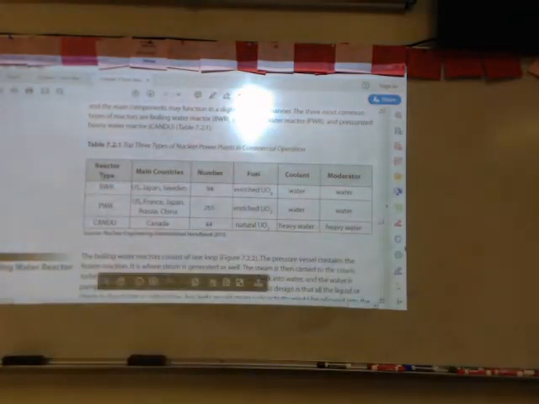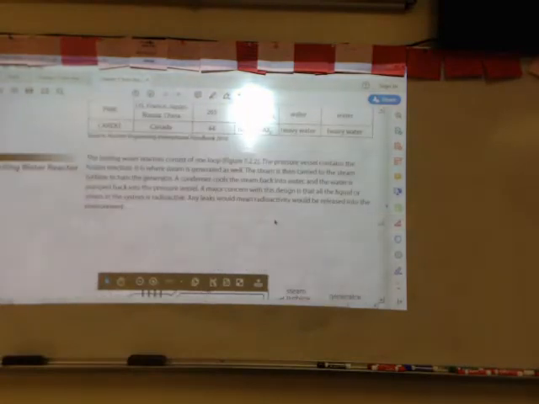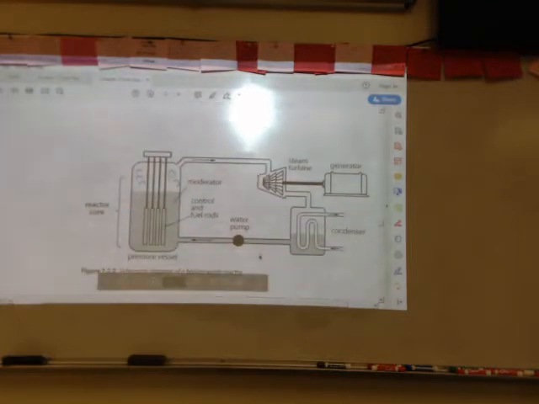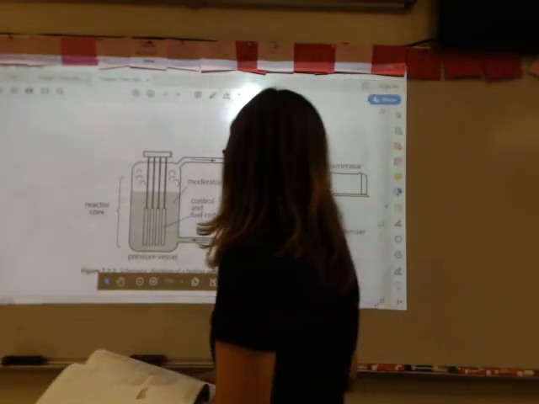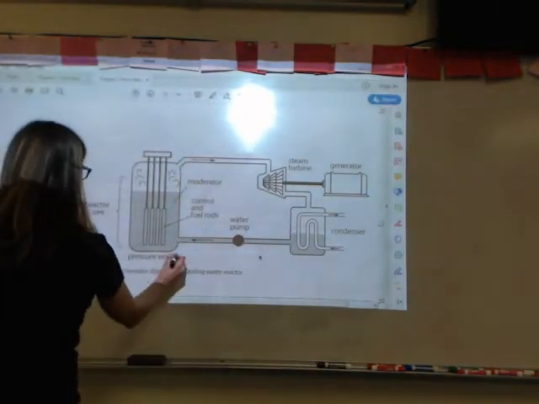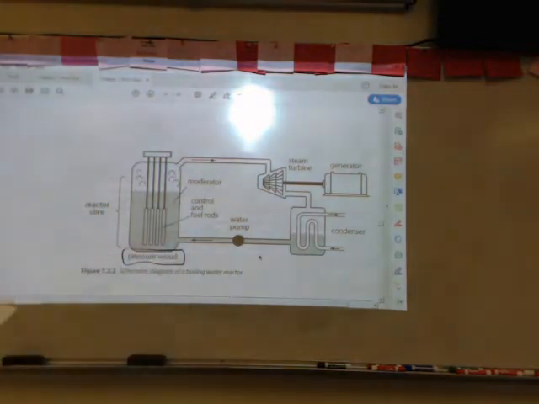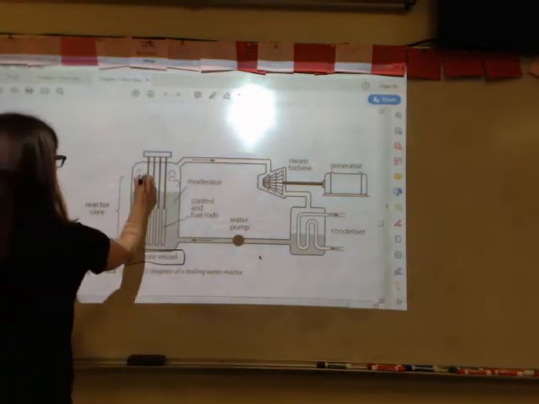Now, to show you the details of each one, the boiling water reactor has a single loop, and the pressure vessel contains the fission reaction. So here is your pressure vessel here. And this is where steam is generated. You can see that here.